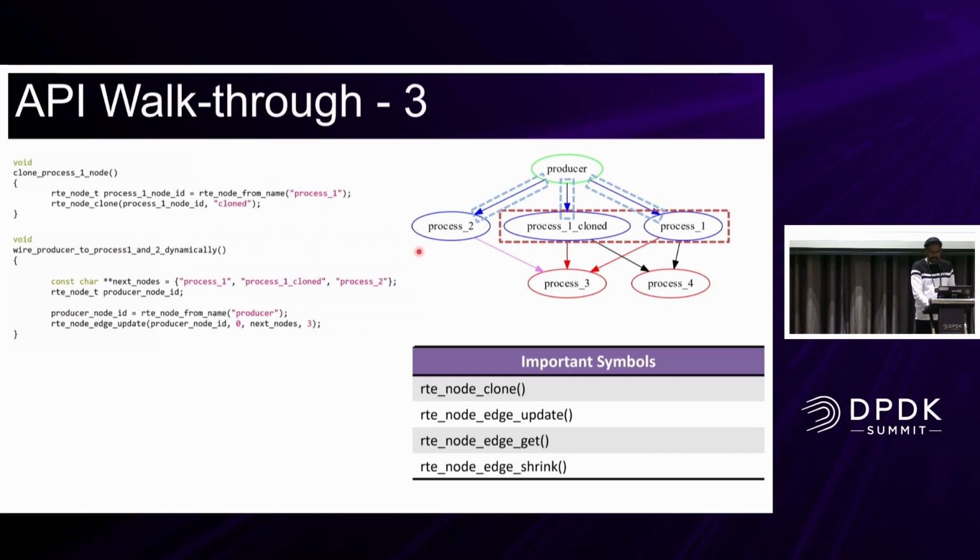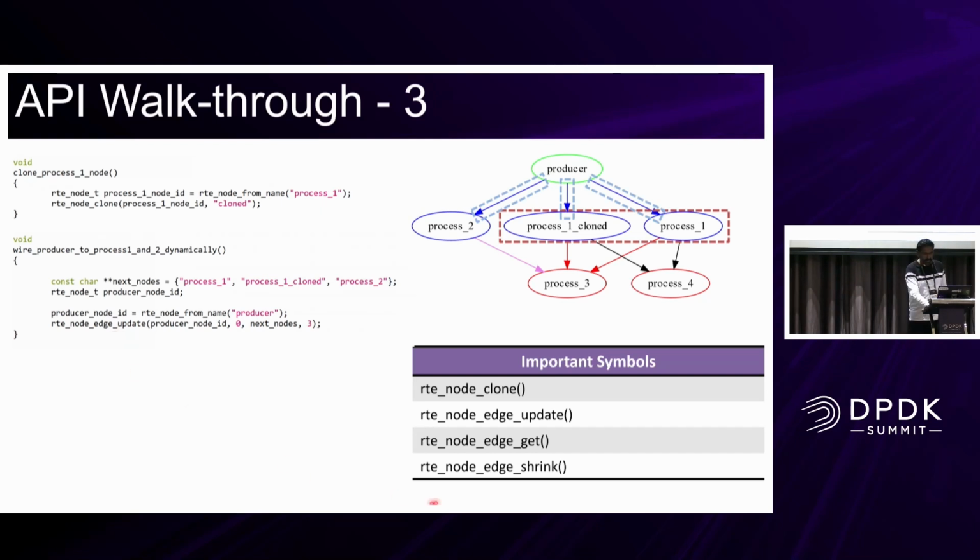You don't need to express it while creating the node. For doing so, we just give the name, and in this case I created a name string array with downstream nodes, and I got the producer node ID from the producer node name, and there are APIs to manipulate the edges.